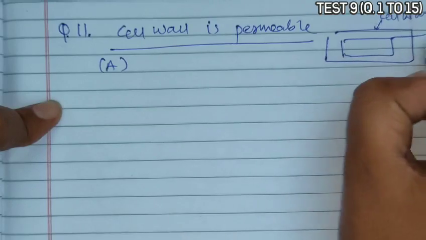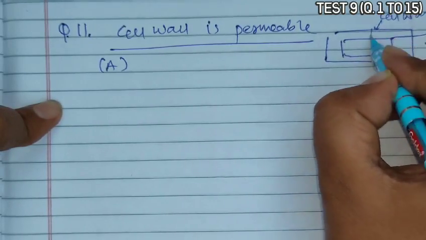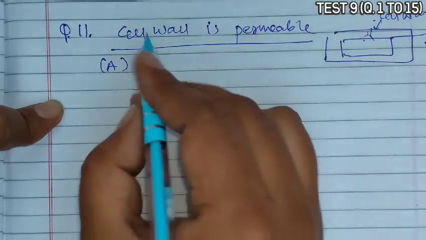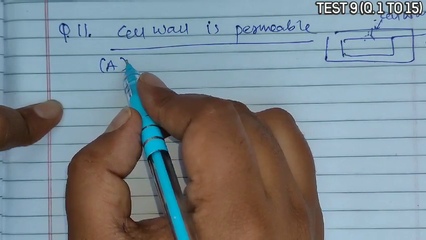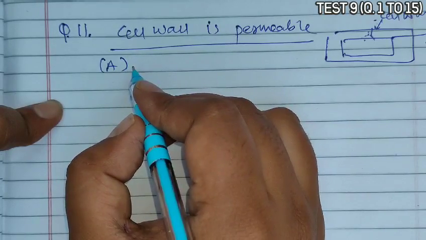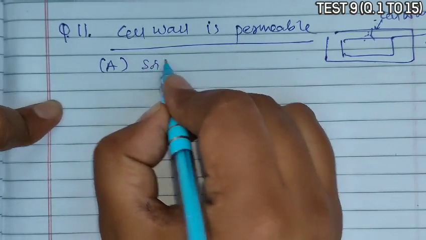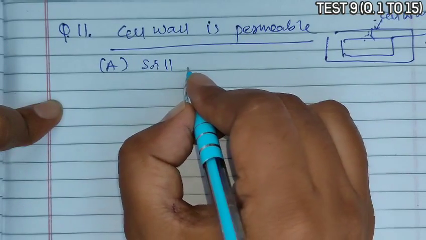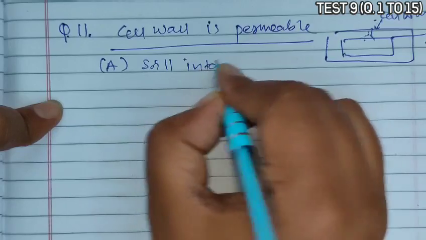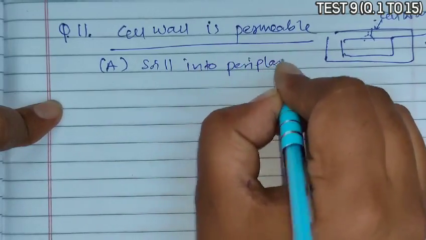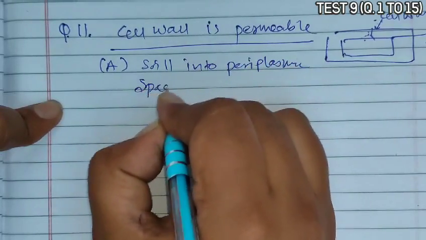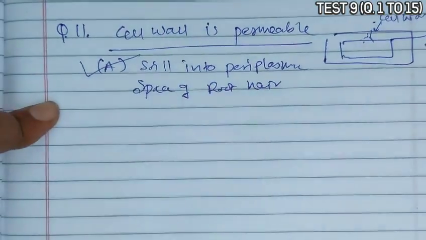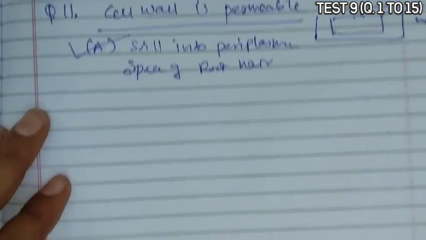So if water passes the cell wall and reaches the periplasmic space easily, then it means the cell wall is permeable. So the passage of water and mineral salts from soil into the periplasmic space of root hair particularly shows the cell wall nature.